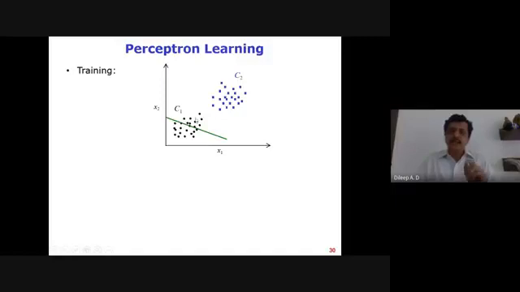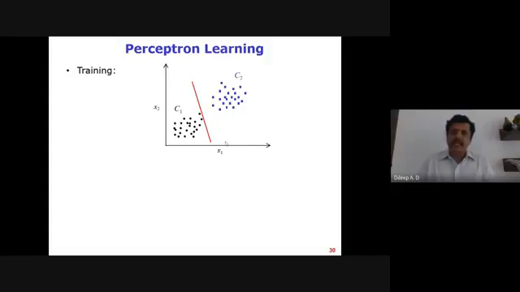Only for those examples, I update the value of w in proportion to that data example. When I update the w vector, the position of the line in the space moves. This continues till I reach a position where all the examples in my training set are properly classified.